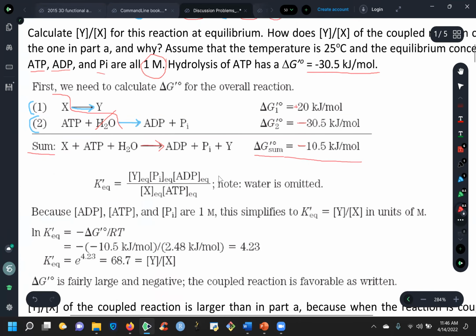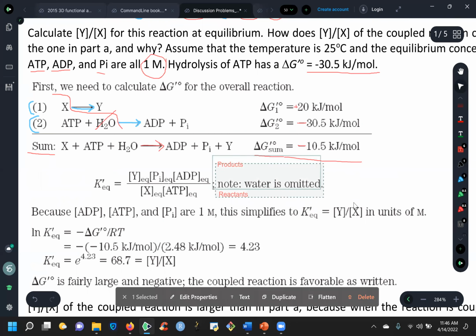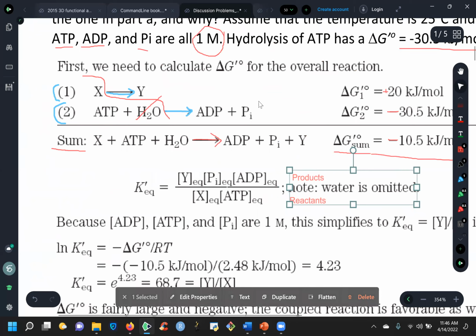KQ is equal to, and this looks like a new equation and it looks scary, but it's not. It's the same old equation. It's just KQ is equal to products over reactants. You guys remember that? Okay, so all they're saying is, if we remember, our products over here are Y, ADP, and phosphate.